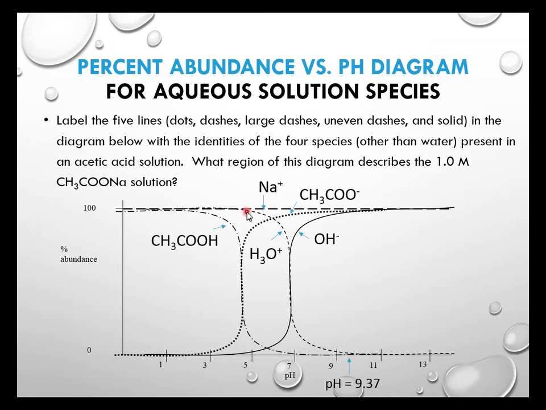If we go all the way down to a pH of 2, right here I guess, we have OH- as a minor species, acetate anion as a minor species, and as major species, the acetic acid, the H3O+, and the sodium cation. And that is the end of that.